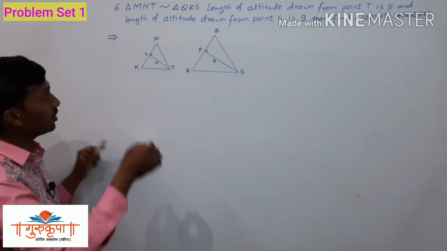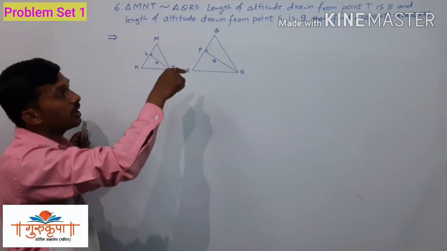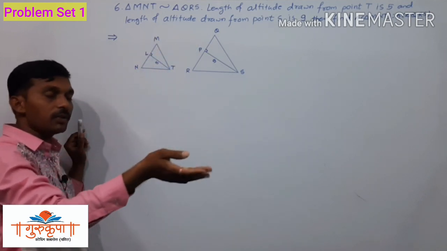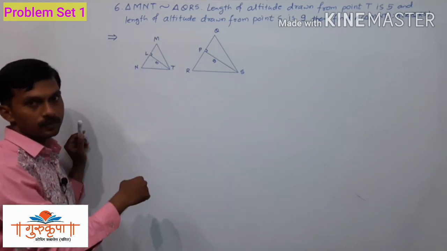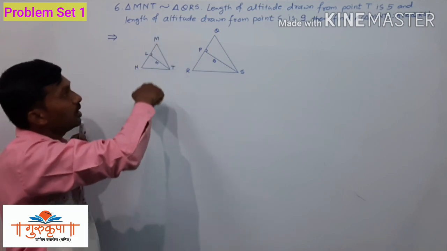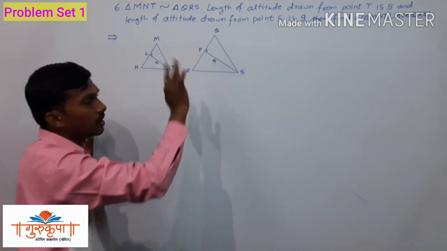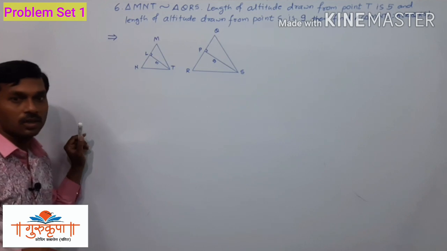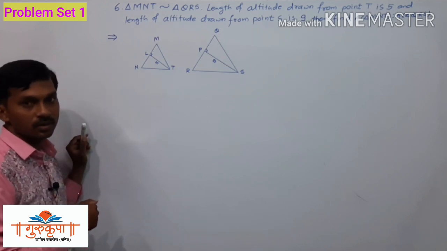It is very important that the diagram is not given, so we have to plot the diagram first. Here we draw triangle MENT and triangle QRS, two triangles which are similar to each other.